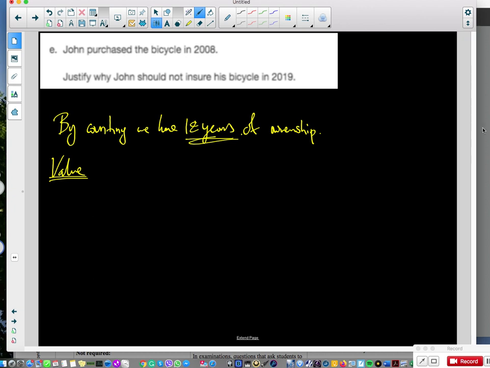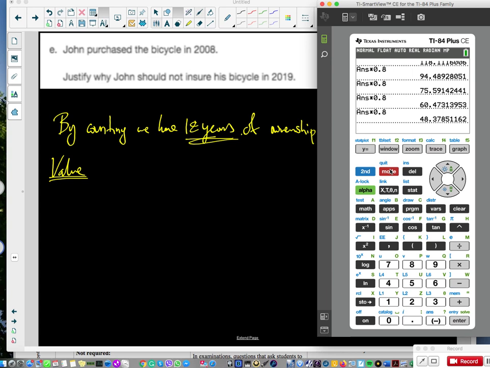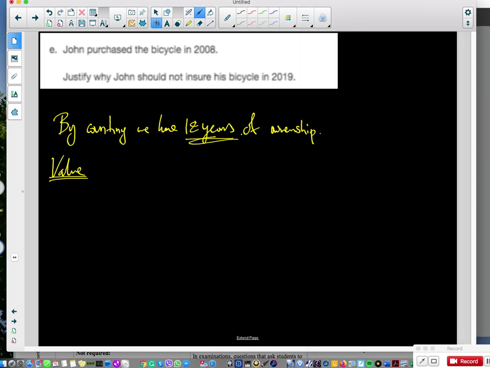If we go into the calculator, the value starts at 880, that was the beginning value, times 0.8, so that's the second year, third, fourth, fifth, sixth, seventh, eighth, 9, 10, 11, 12. So the value is 75.59.